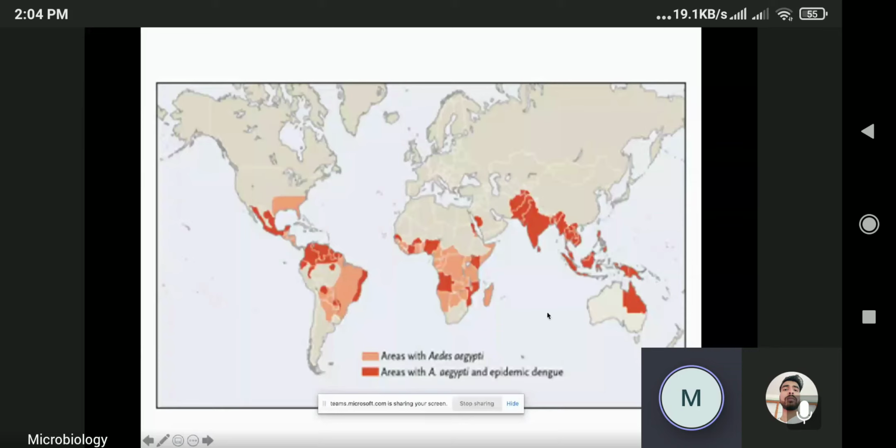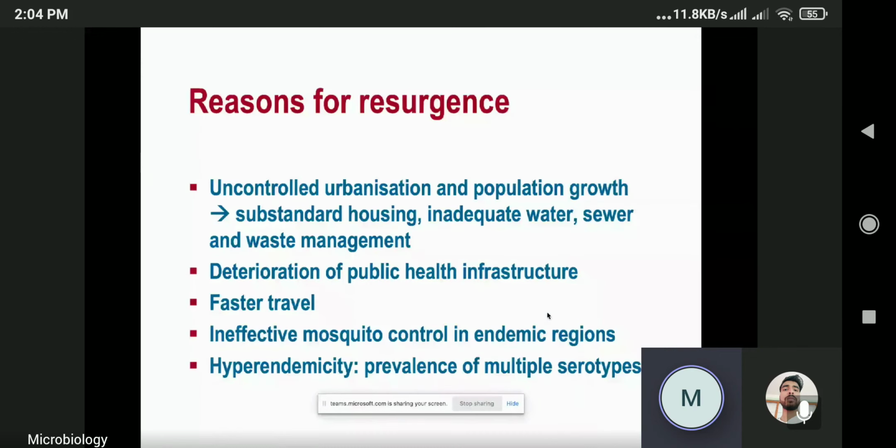Very simple. There is uncontrolled urbanization and population growth, substandard housing, inadequate water, sewer and waste management, deterioration of public health infrastructure, and faster travel, meaning globalization. The mobility of people results in the spread of mosquitoes and of different serotypes of the dengue virus. This is the reason why this year we did not find dengue cases. Due to the corona pandemic, people got stuck in their local areas.